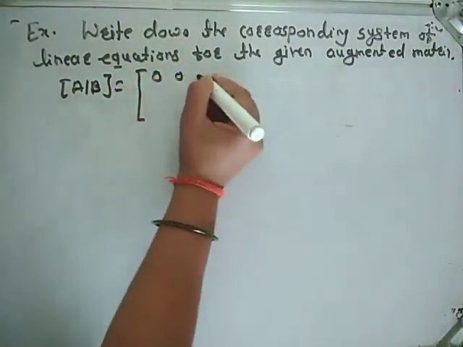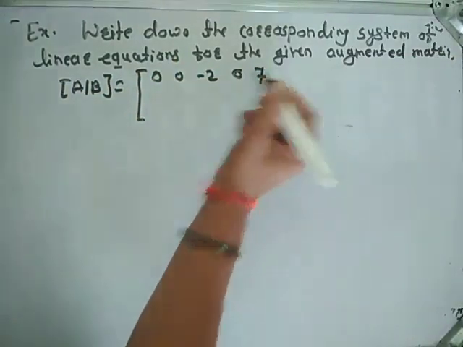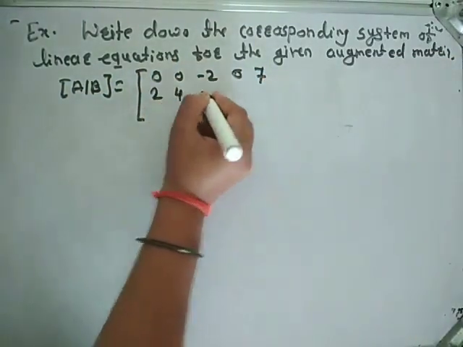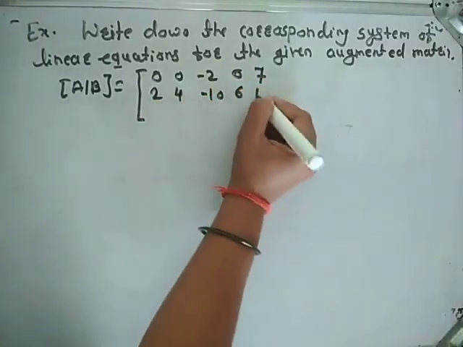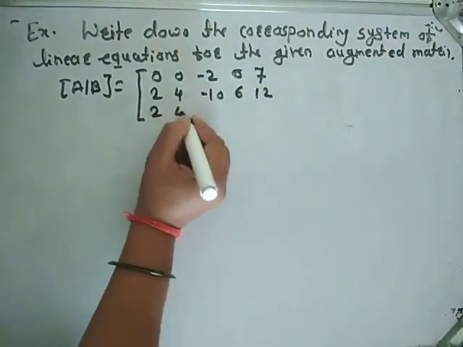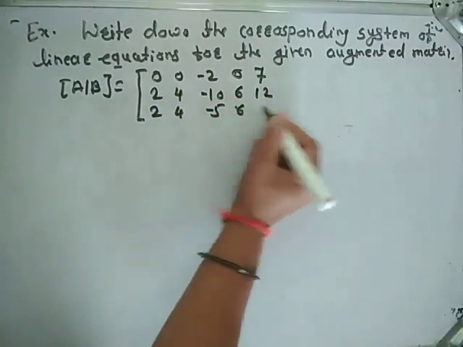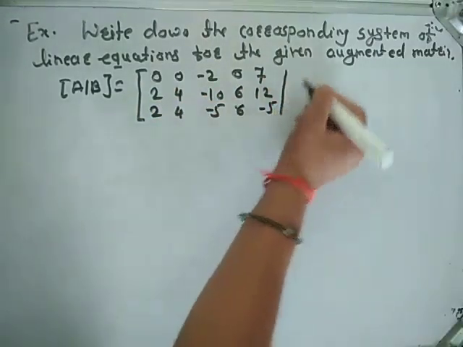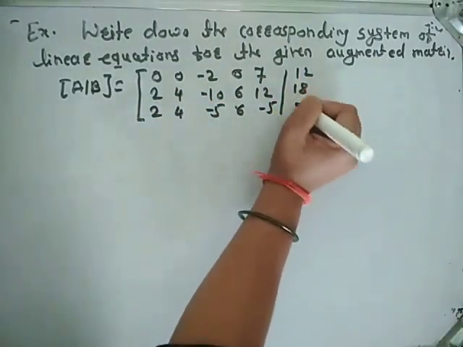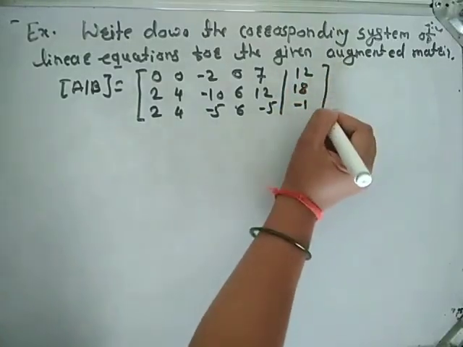Matrix 0, 0, minus 2, 0, 7, 2, 4, minus 10, 6, 12, 2, 4, minus 5, 6, minus 5, 12, 18, and minus 1.